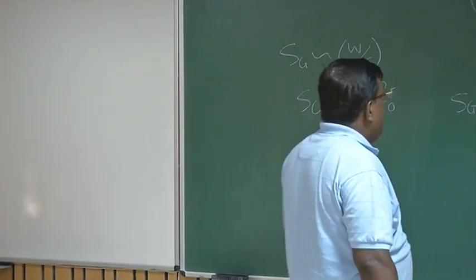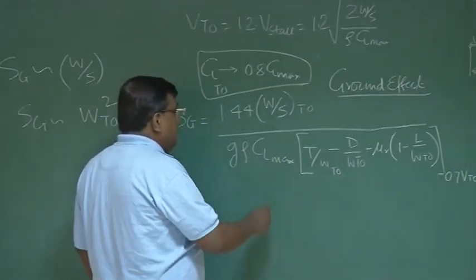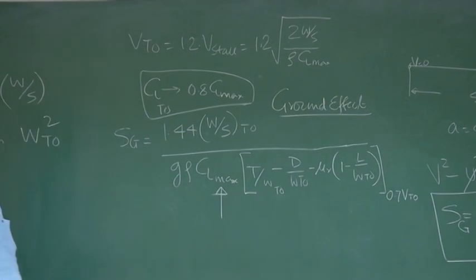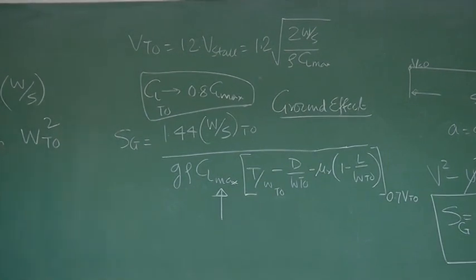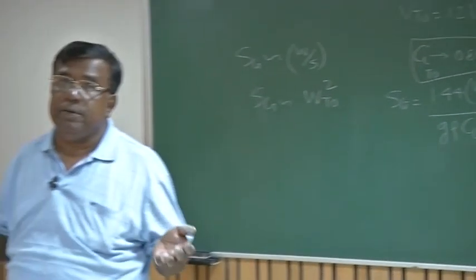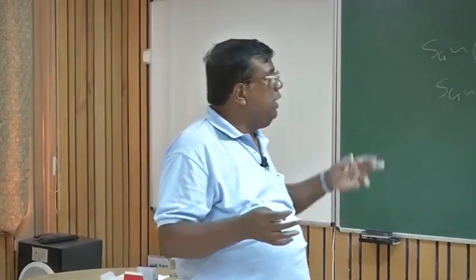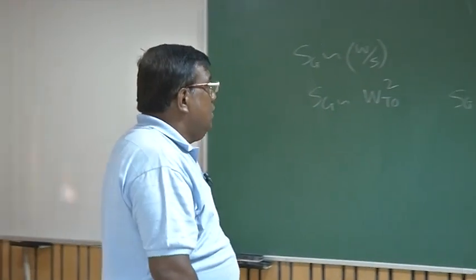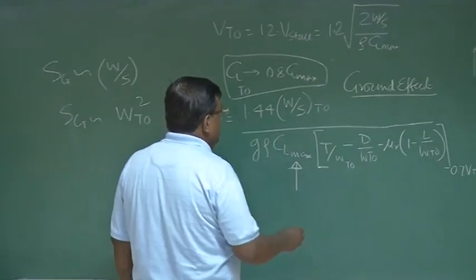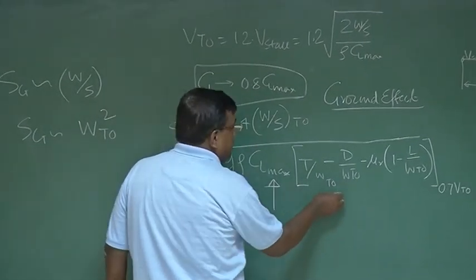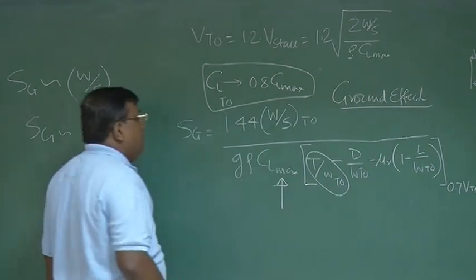Loosely, what is the option? Option is increase CL max, use all high-tech innovative flaps, let the drag increase, we'll handle it, but let CL max increase. More than CL max, if you see T by W, okay?